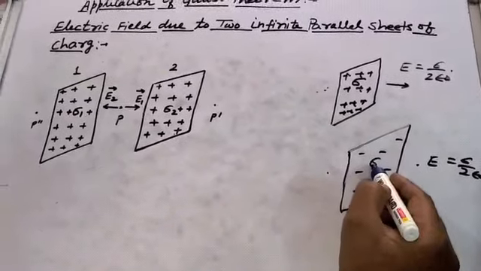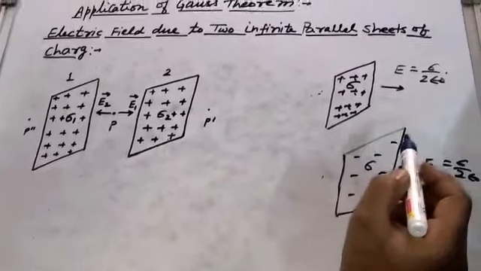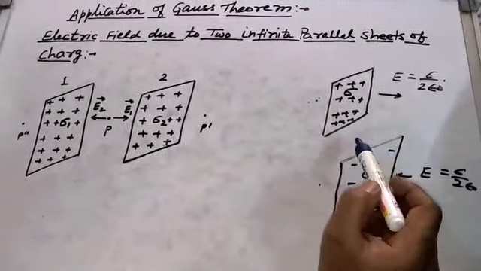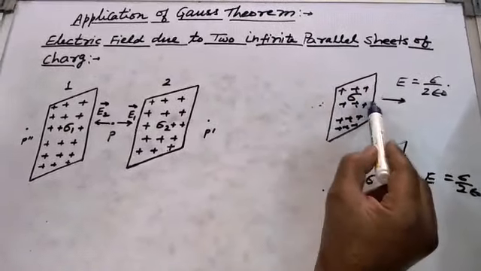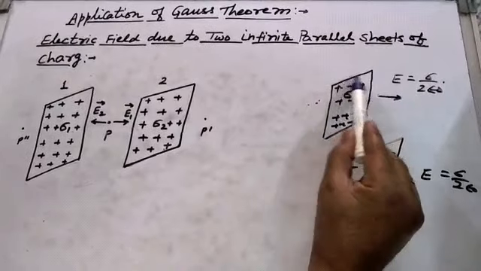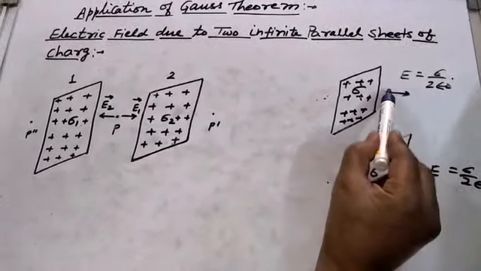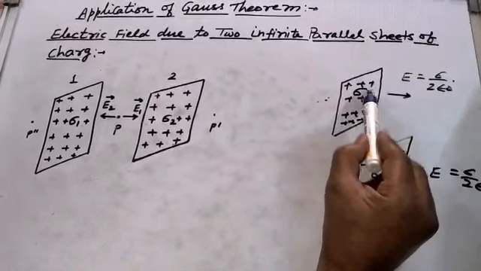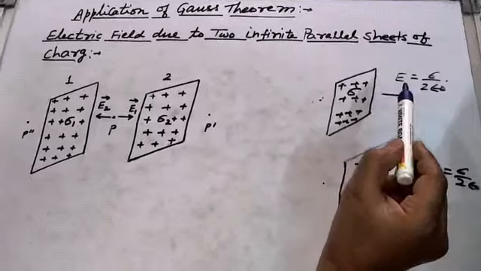And if the charge is negative, then the electric field is towards it. So the electric field due to an infinite plane sheet of charge is always perpendicular to the sheet, and if the charge is positive, then it is away from the sheet, and if the charge is negative, then towards the sheet, which I already discussed in the previous video.